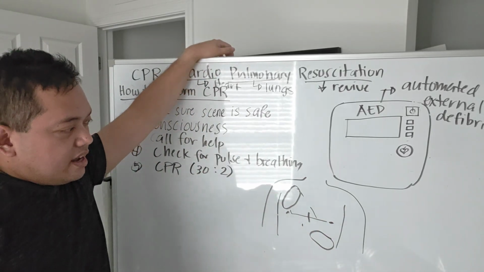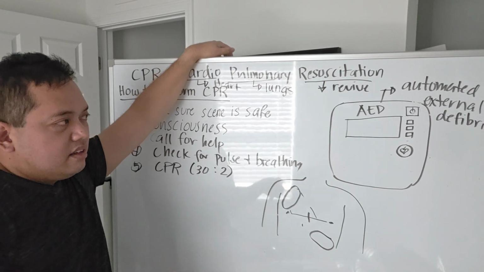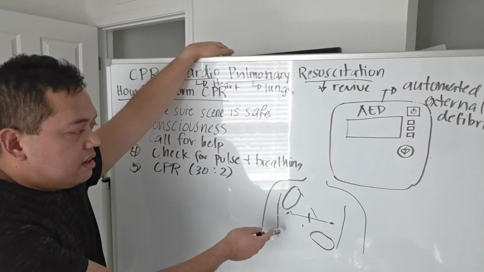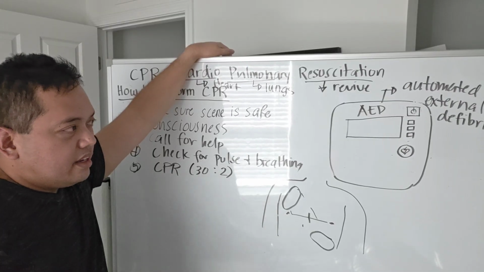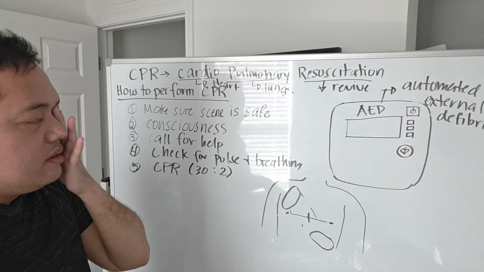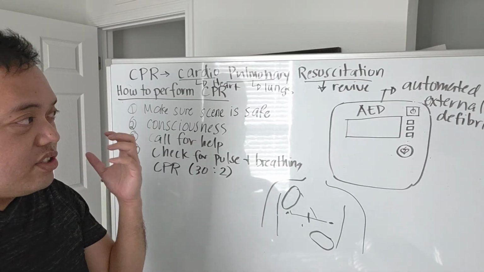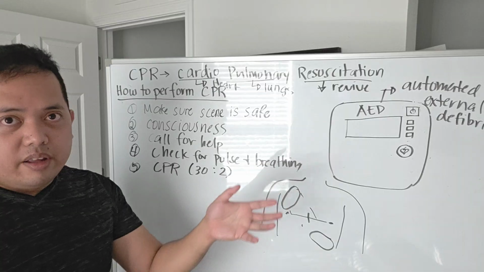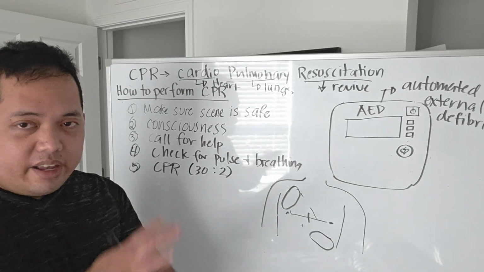All right, so once you place the pads, the AED will give a prompt like "analyzing," so it's going to read the person's rhythm. And then it would tell you "shock advised." If the AED says shock advised, it's important to remind other people to stay clear.